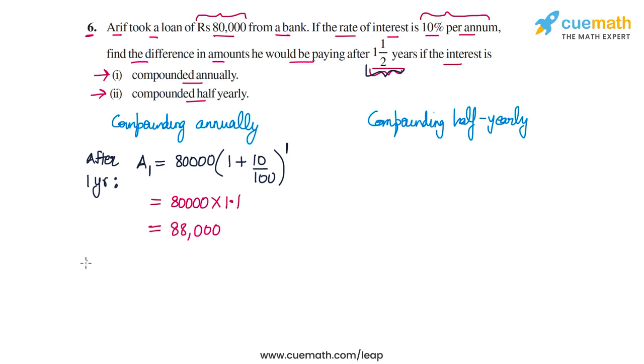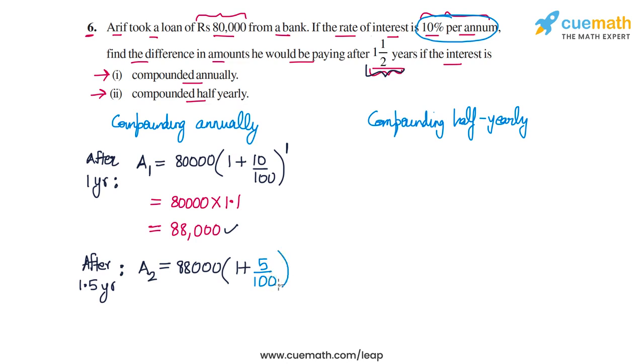Now we will use this as our new principal and calculate the total amount after 1.5 years. Let's call this amount A2, and this will be the principal amount 88,000 into 1 plus, so for the remaining half year, what rate of interest will we take? The rate of interest per annum is 10%, so for a half year it will be 5%. So 1 plus 5 by 100.